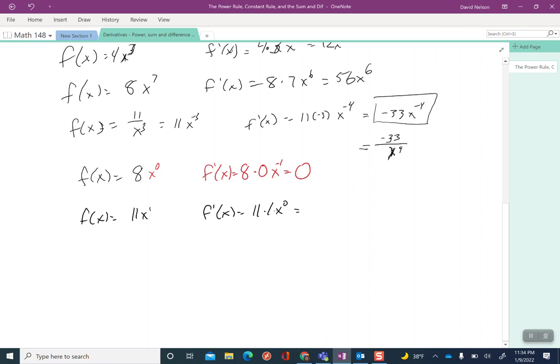But x to the 0 is just 1, right? Anything to the 0 power is pretty much 1. There is a little bit of an exception to that, but I don't want to go into that right now. And that should give us just 11. So the derivative of 11x would just be 11. If you've got x to the first power, when you take the derivative, you just get left with the 11 there.